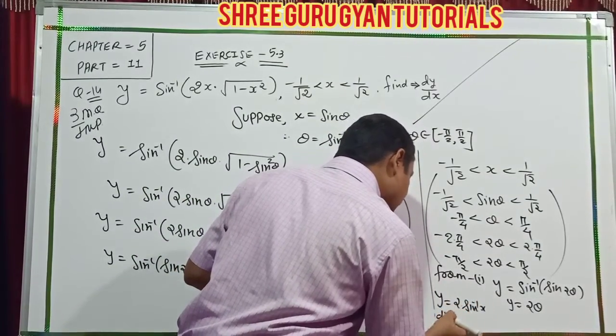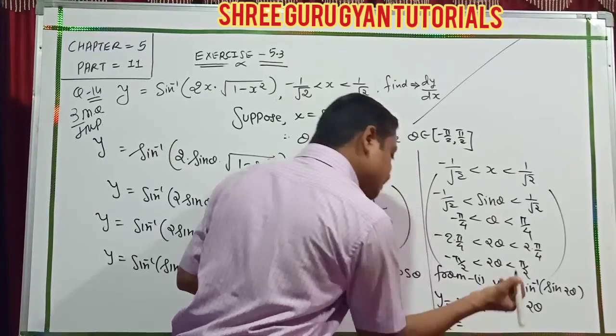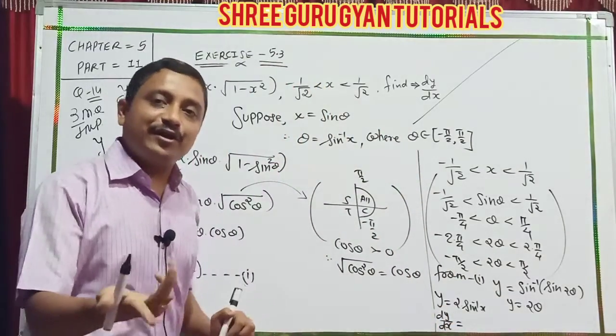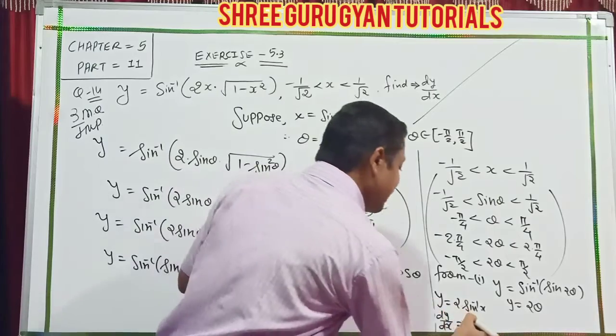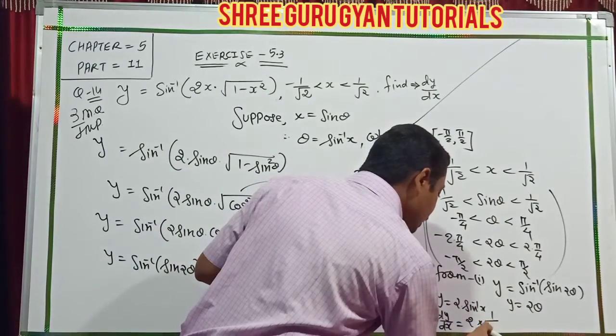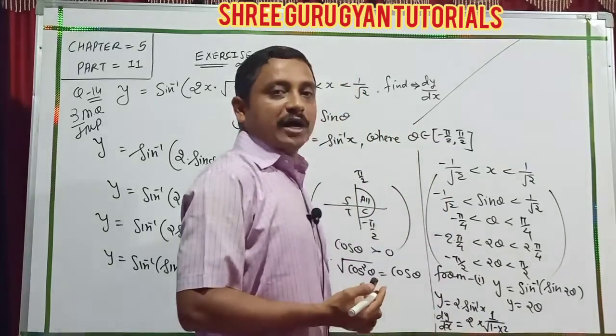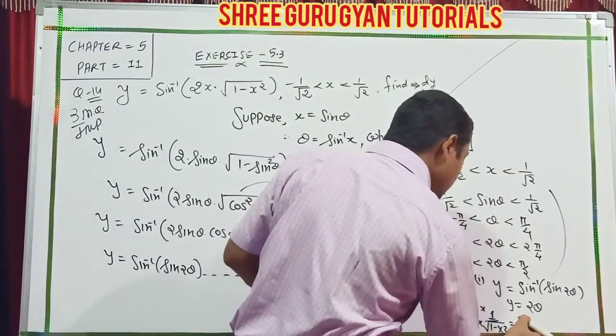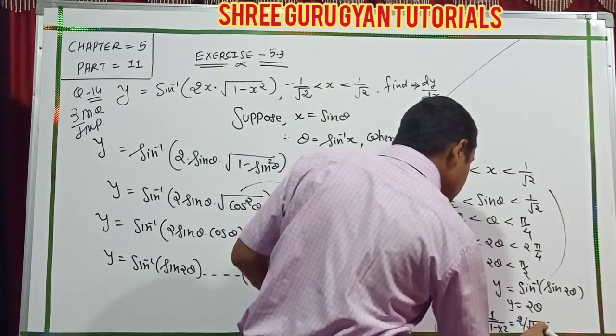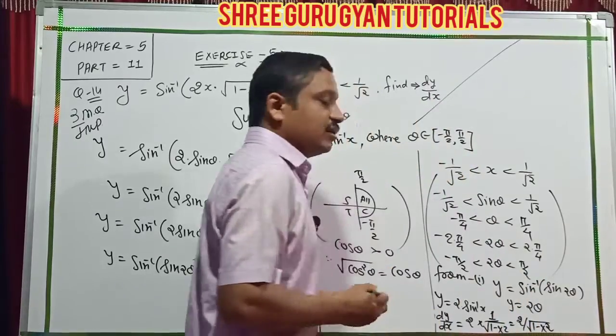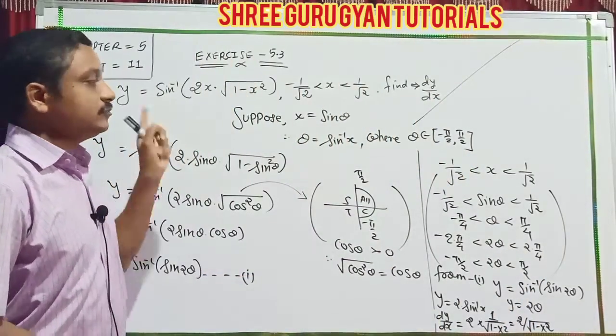Now take the derivative with respect to x. What is the derivative of sin inverse? Yes, 1 upon under root 1 minus x square. That much is your answer. Finally, 2 by under root 1 minus x square is your final answer for this numerical.